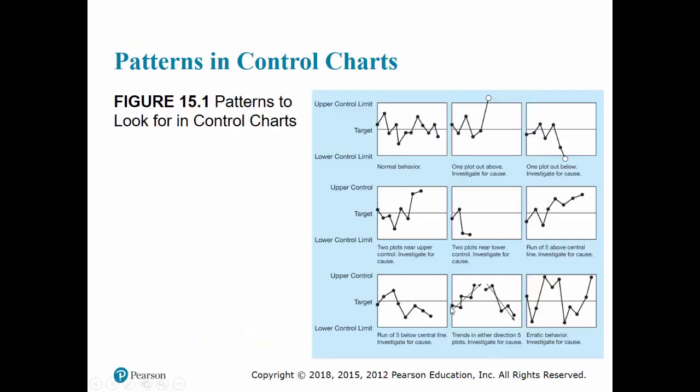Okay, so now you have to verify that the chart is good to go, and for that you have what are called run tests. These run tests are patterns that you should look for. So here is an example of a fairly random normal behavior. If you see something like this, then the chart is good to go.